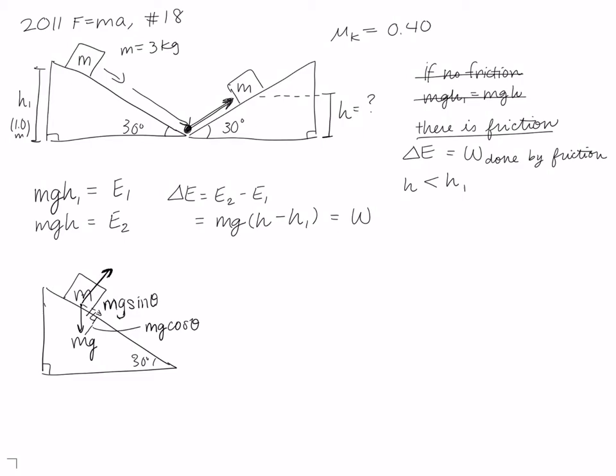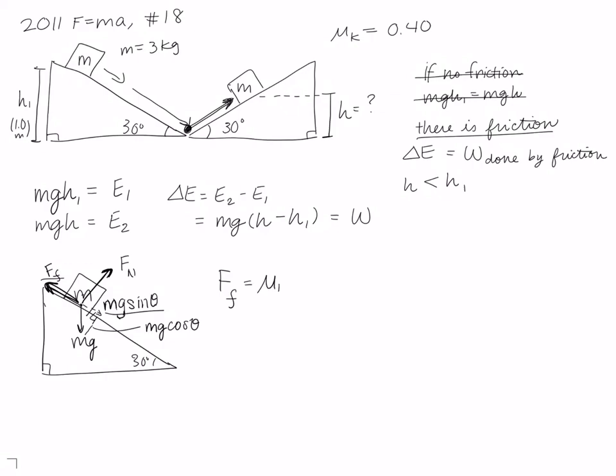Now we also have the normal force from the surface onto the block, and we also have our force of friction. Now we know that its acceleration is going to be proportional to mg sine of theta minus the friction force. And here we just want to figure out what the friction force is.